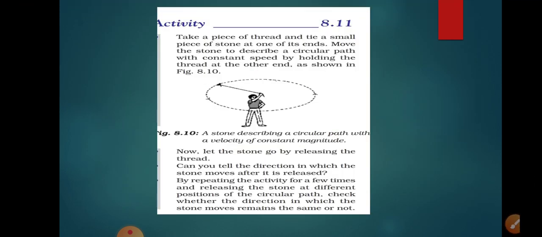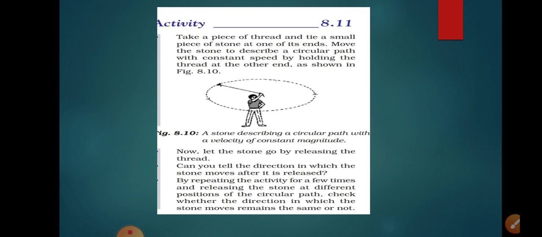You can do this activity. Take a piece of thread and tie a small piece of stone at one of its ends. Move the stone to describe a circular path with constant speed by holding the thread at the other end.